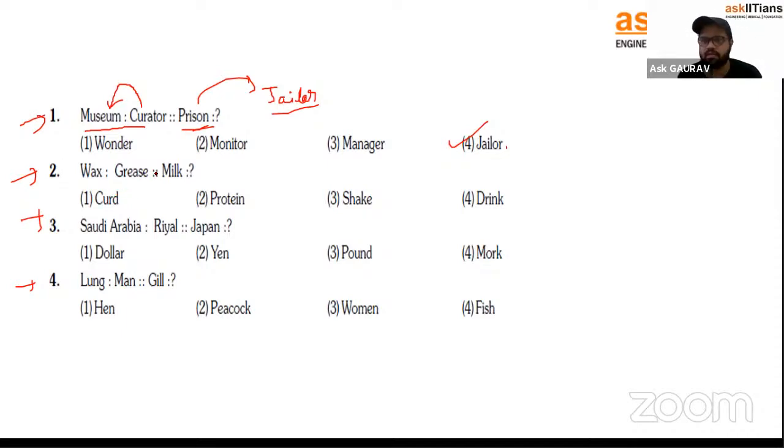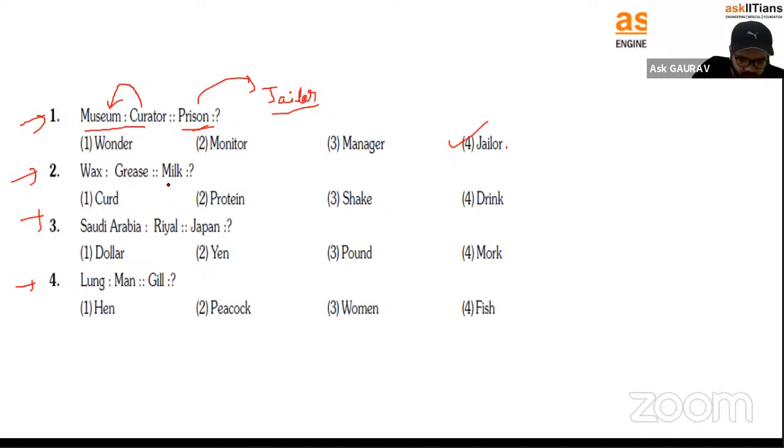What about the second? Wax to grease. Then milk is to what? Someone is saying drink.